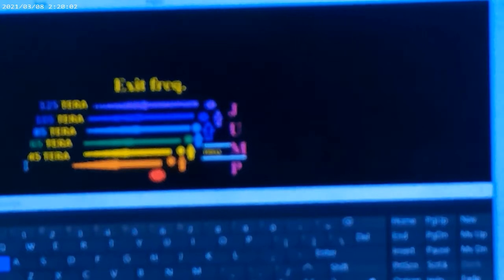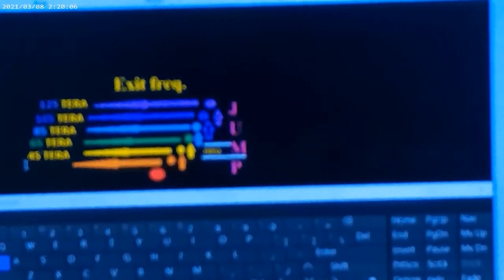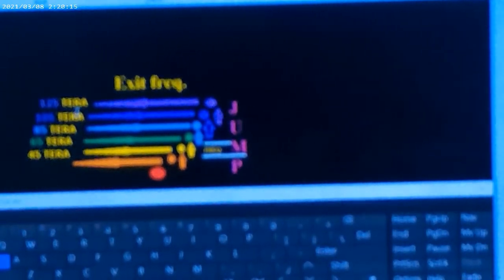As the exit frequency. Wait a minute. Oh, bummer. Those are the jump frequencies. Wait a minute.